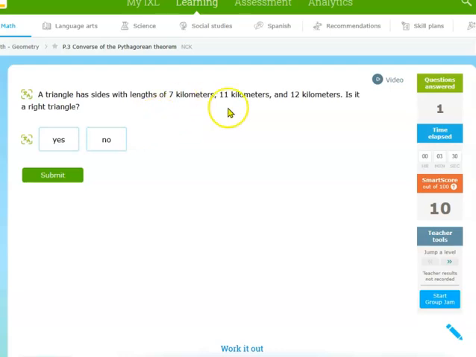All right, so for this one, it says we have sides of 7, 11, and 12. So my two legs have to be the two smaller numbers, 7 and 11, and my hypotenuse has to be the biggest number, 12. So I'm going to go back over to the calculator and put 7 and 11 into our Pythagorean theorem, and we should get 12 as an answer. Let's see if we do.